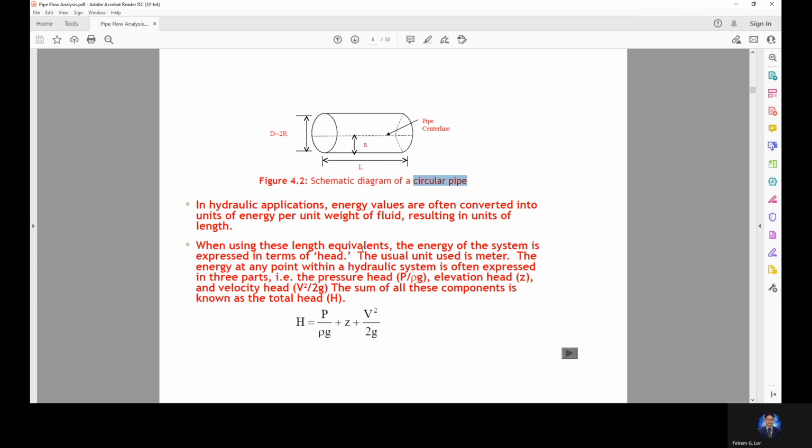We express this as a length equivalence; the energy of the system is expressed in terms of a head. As we discussed already, the total energy present in a moving fluid at a particular point is the summation of the pressure head, elevation head, and velocity head.